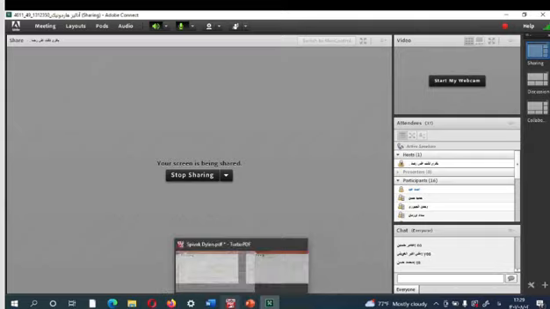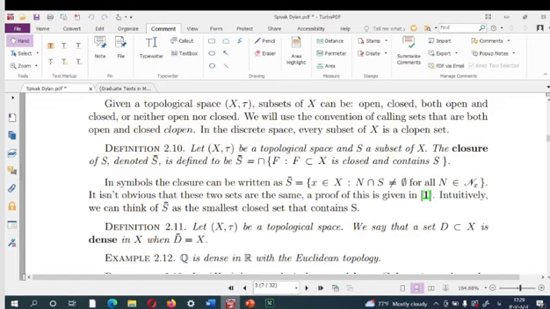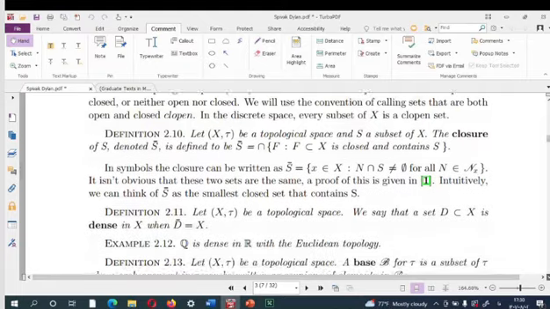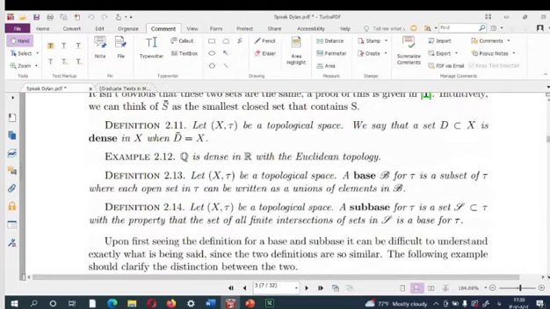And so you can use this definition or this for the closure of S. And we have the definition of a dense subset. Let X and tau be a topological space.